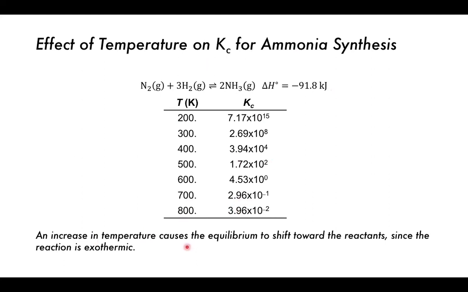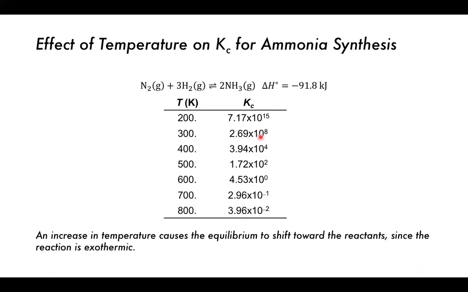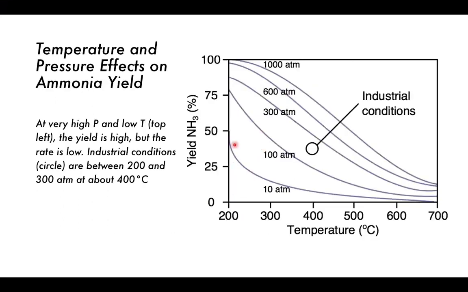So an increase in temperature causes the equilibrium to shift towards the reactants, since the reaction is exothermic. But at those low temperatures, which are good for Kc, we have a terrible yield. So look at this. At 200 degrees Celsius, we have really bad yields of ammonia.